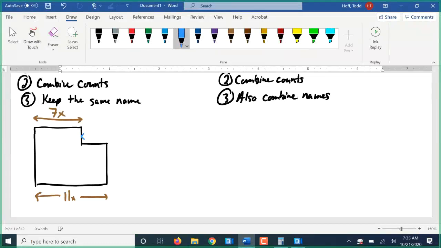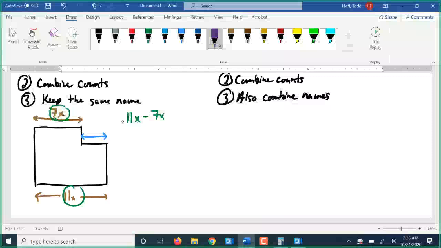How do I find this dimension here? Well, just like before, it's this one minus this one. So now 11x minus 7x, we can combine the counts. 11 minus 7 is 4, and we keep the same name of x.